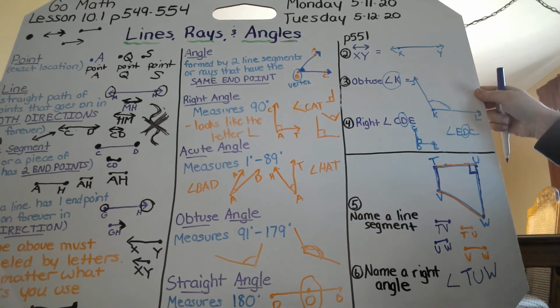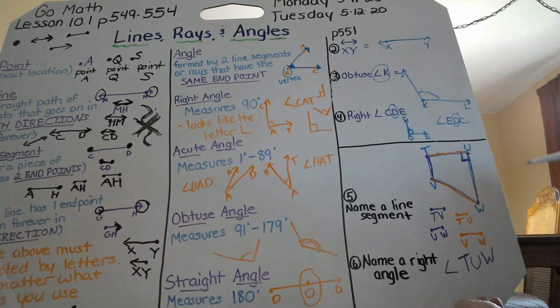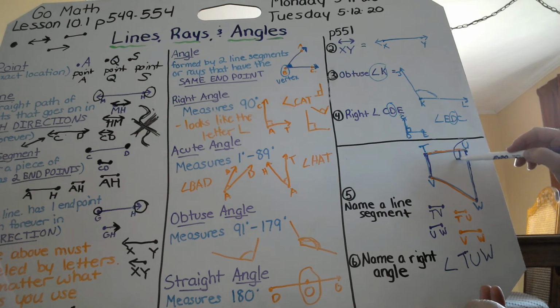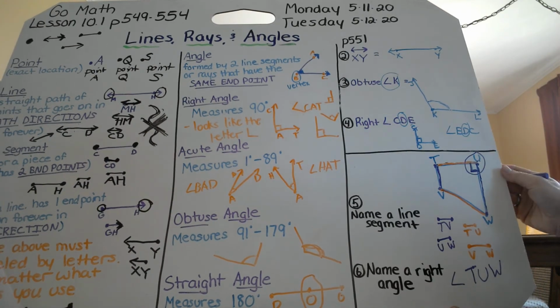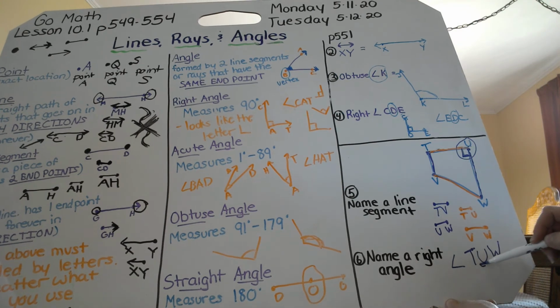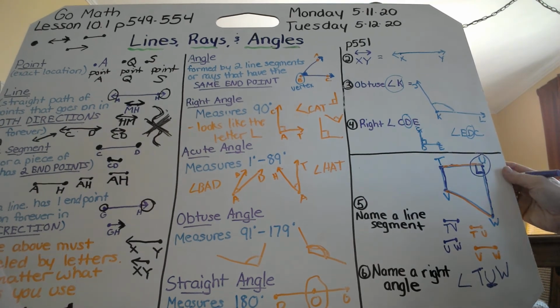But you have to make sure that your vertex, your center point, stays where it is, because that is where the angle is. So I put it in the middle automatically, because that is my center. It's my vertex.